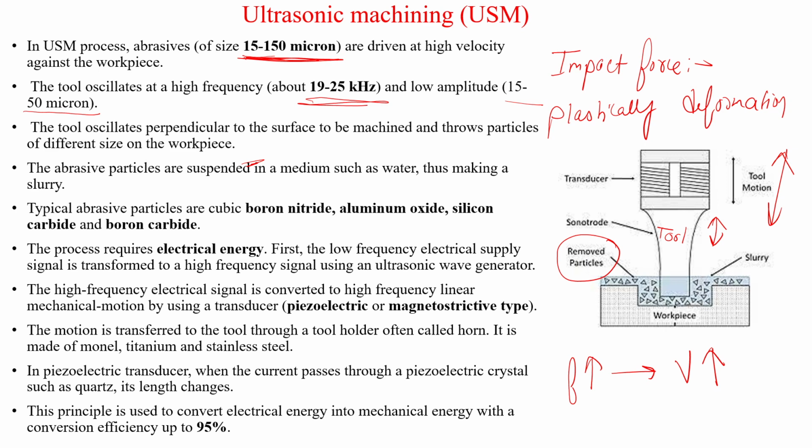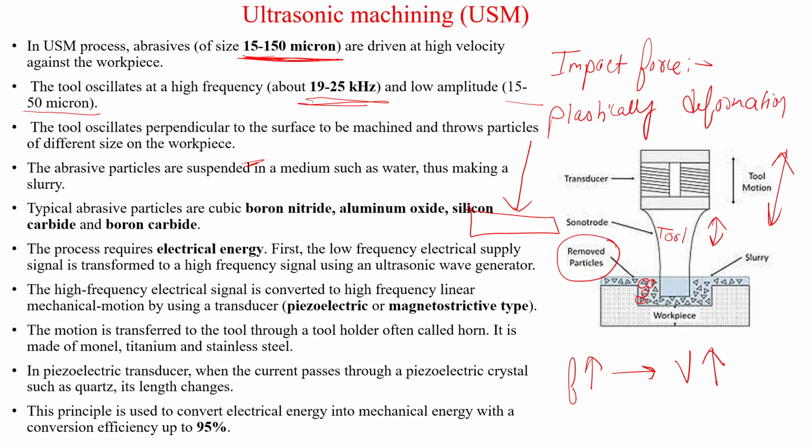See the next point. The tool oscillates perpendicular to the surface of the workpiece and throws particles of different sizes onto the workpiece. You can see the tool is in this direction, the workpiece in this direction. The tool is perpendicular to the workpiece, and after the machining happens, these particles get removed.